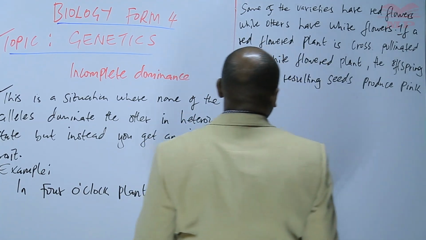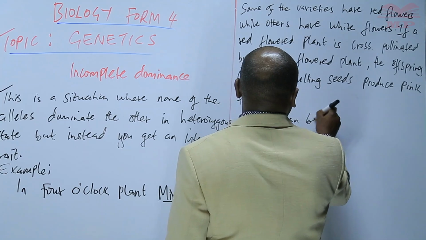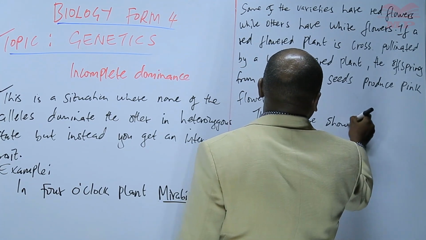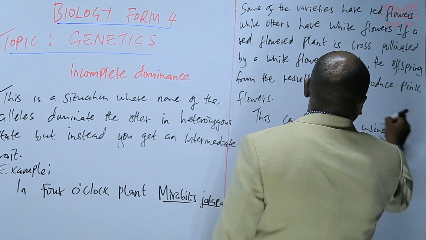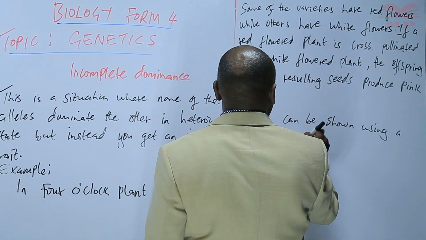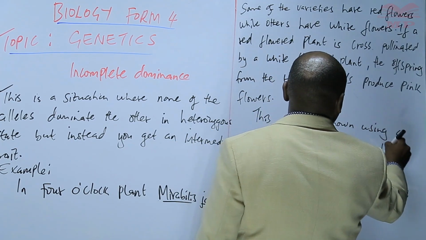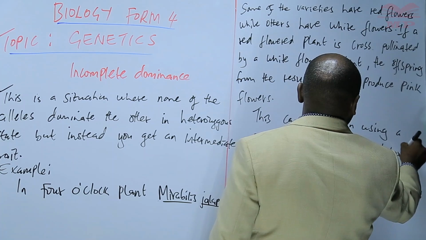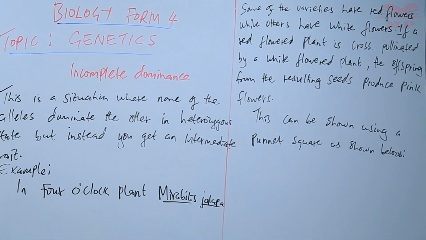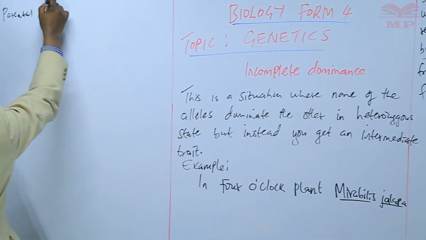Now, we want to show this using a Punnett square, as shown below. We always start with the parental phenotype.